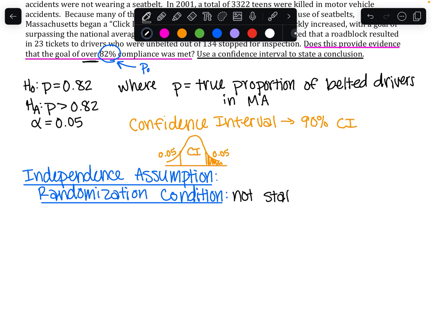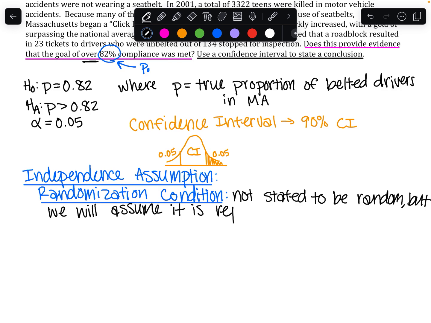Not stated to be random, but we will assume it is representative of the population. Okay? Remember, we're not assuming it's random, we're assuming it's representative.